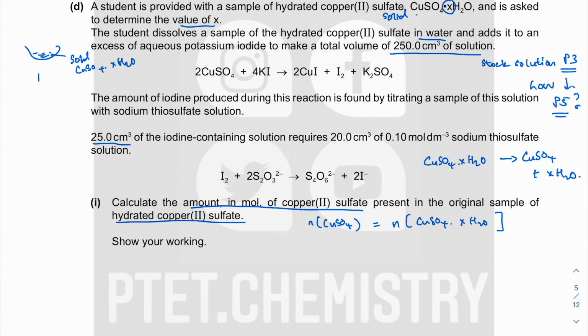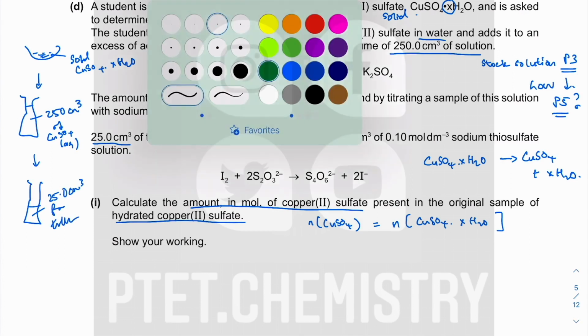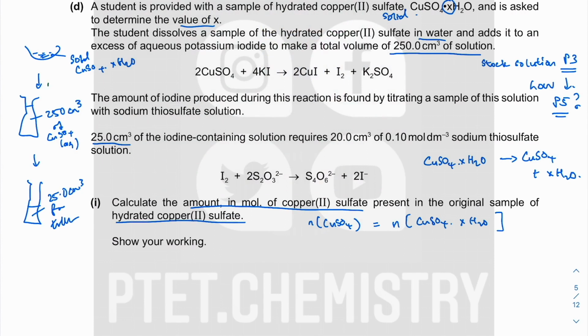Okay, so from that, I make up 250 cm³ of CuSO4 aqueous, and from that, I only take out 25.0 cm³ for titration. The purpose of drawing this diagram is so that you can see what is going on. The mole is the same there. All I'm doing is I'm just adding more water to make it out to 250 cm³. Going from here to here, this is your stock solution.